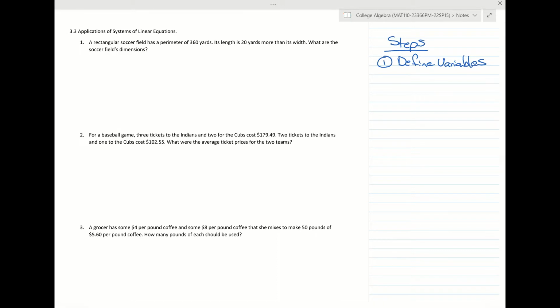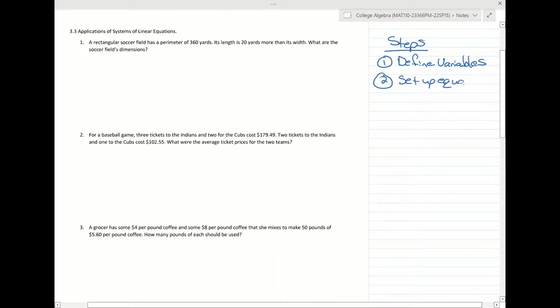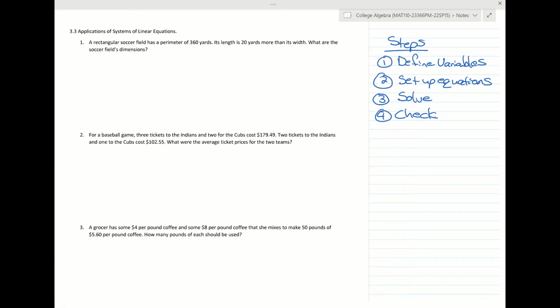You want to know what the letters represent and then come up with equations based on those letters. Second step is that we set up equations. Third step is that we solve, and then you could always check your answer at the end. So this is what we're going to be doing today. I'll give you a chance to copy that down, and then we'll get started.